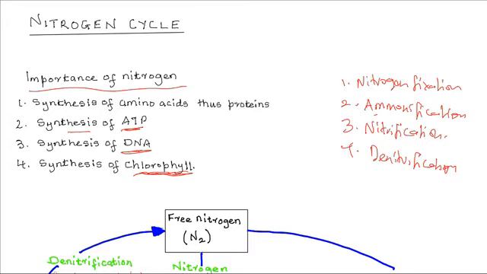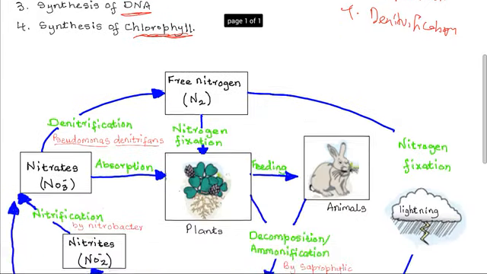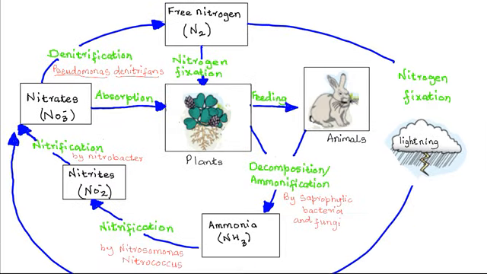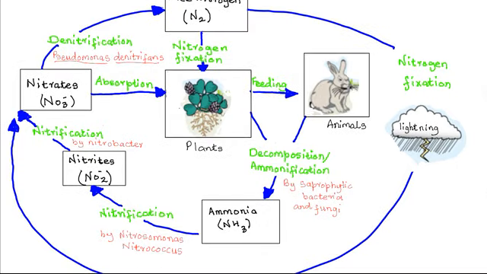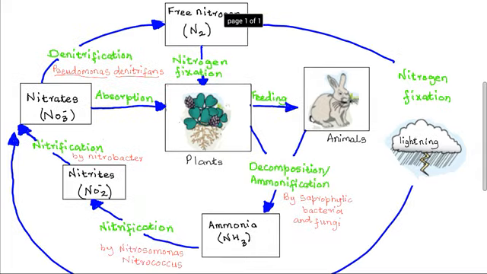Now, in this diagram here, we see the flowchart showing the nitrogen cycle. And we're going to look at each of the main processes that are involved in the nitrogen cycle using this diagram.